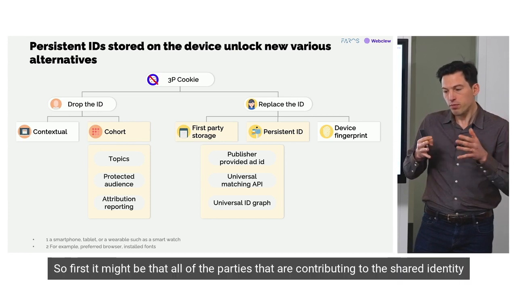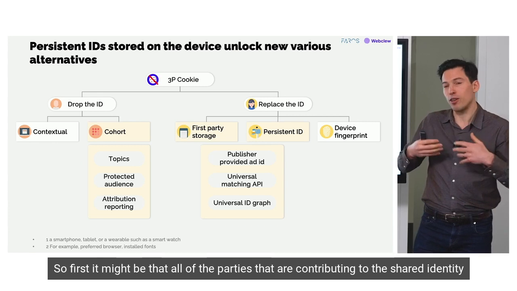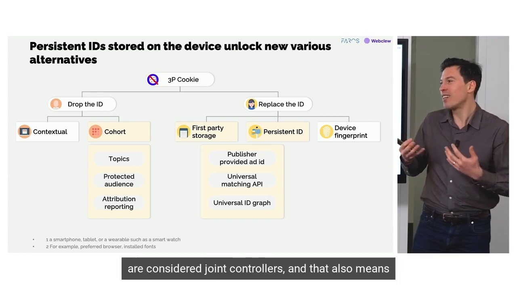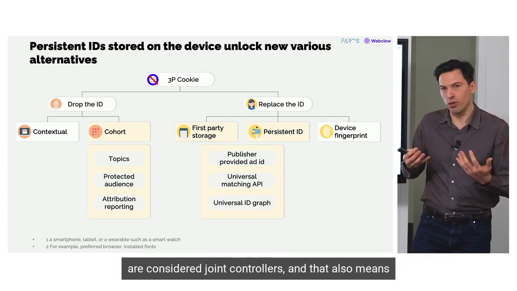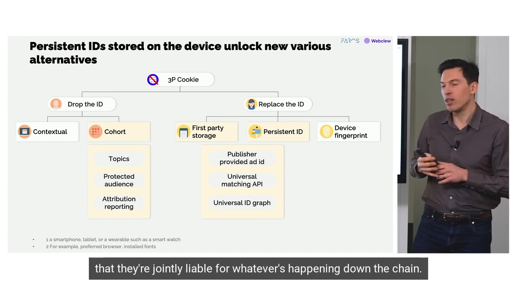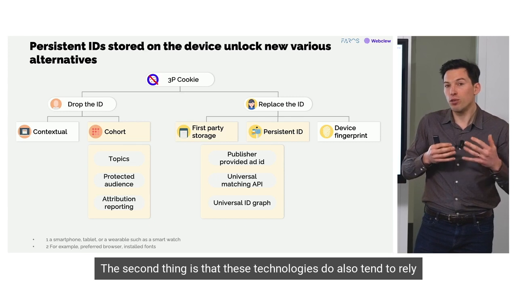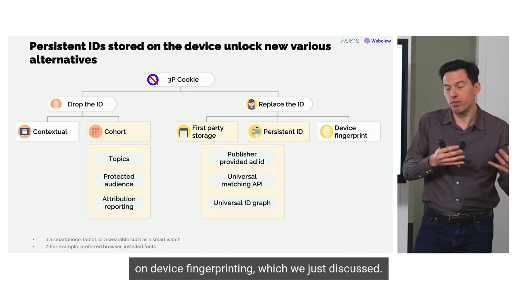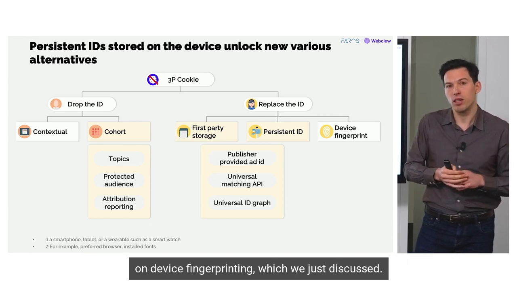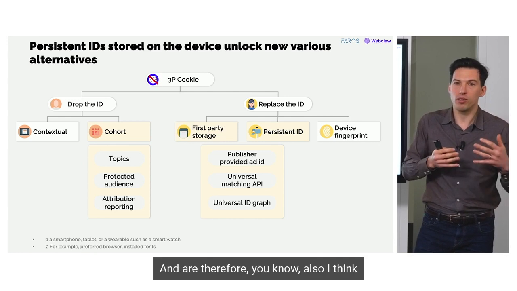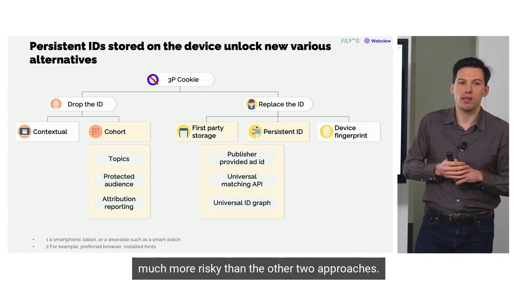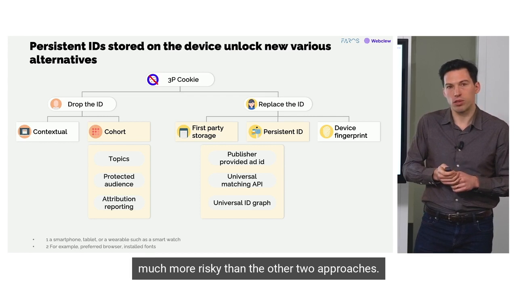First, all of the parties contributing to the shared identity might be considered joint controllers, which also means they're jointly liable for whatever happens down the chain. The second thing is that these technologies also tend to rely on device fingerprinting, which we just discussed, and are therefore, I think, much more risky than the other two approaches.